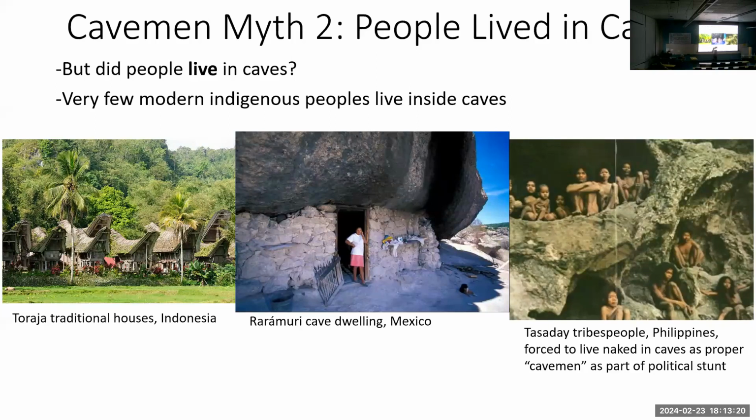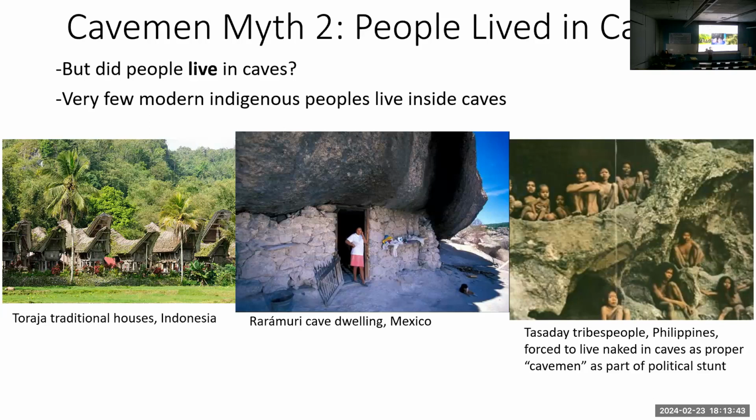The only example of a group that kind of seemed like cave people was this group from the Philippines, the Pasiday people. I don't know if you've heard of them, but it's kind of an interesting story. Supposedly, the Filipino government found these living cave people, like practically naked, living inside caves.